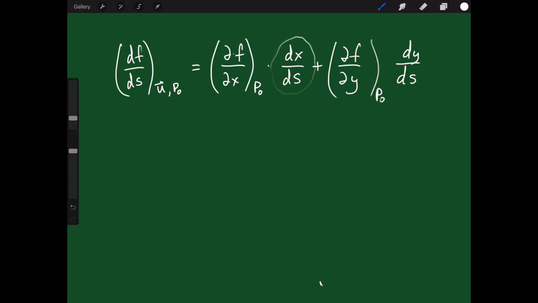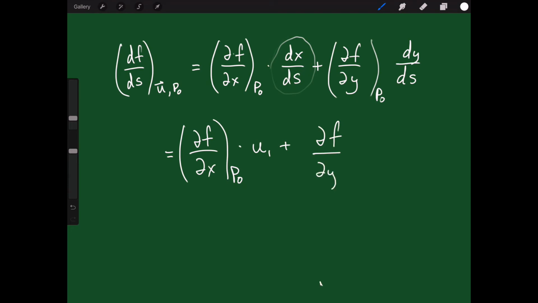So that's just u sub 1. So I could write this as partial of f with respect to x evaluated at p0 times u1 plus, similarly, partial of f with respect to y evaluated at p0 times u sub 2.